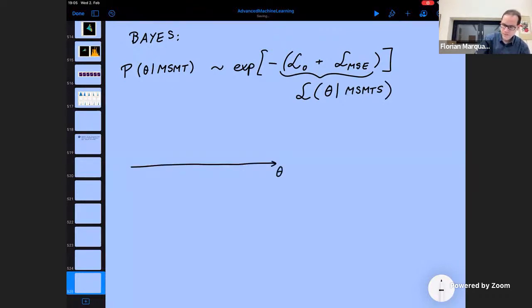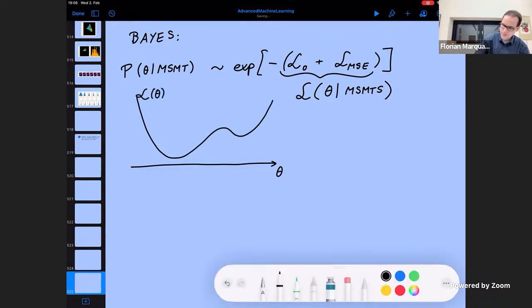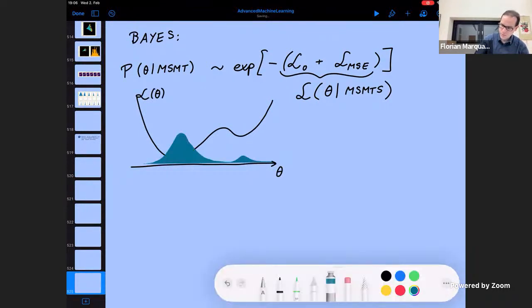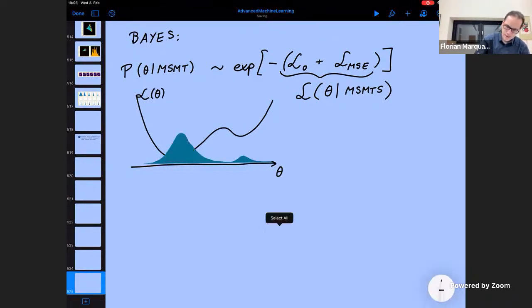That is my loss function. Maybe it looks like this. That's the overall loss function. And then I would have a probability distribution after the measurements have been obtained. So it might look a little bit like this. That would be the P of theta given the measurements, the posterior over theta.